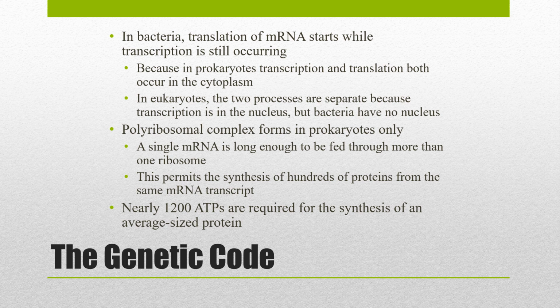So, as soon as the DNA, found in the space where DNA is found in prokaryotes, the nucleoid, starts going through transcription and producing RNA, that little bit of RNA that starts being produced can immediately start going through translation and start producing amino acid chains, and thus that protein, at the same time as transcription is happening. So that's fantastic for prokaryotic cells.